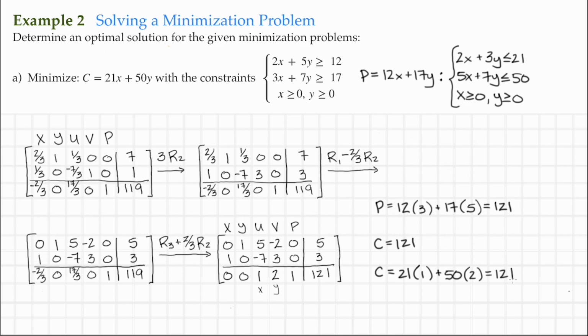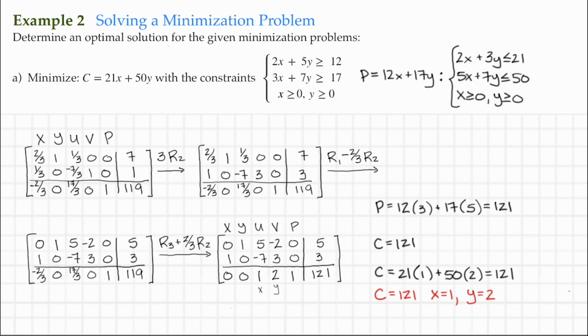There's our 121. 21 times 1 is 21, and 50 times 2 is 100, and 21 plus 100 is 121. So the solution to the minimization problem is C is equal to 121, and that's where x is equal to 1 and y is equal to 2.